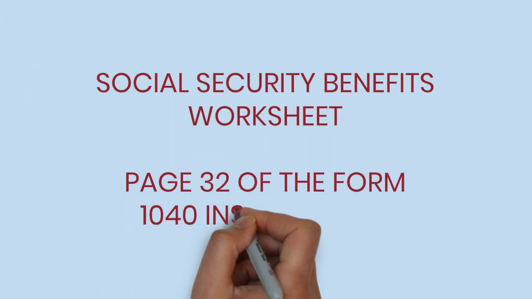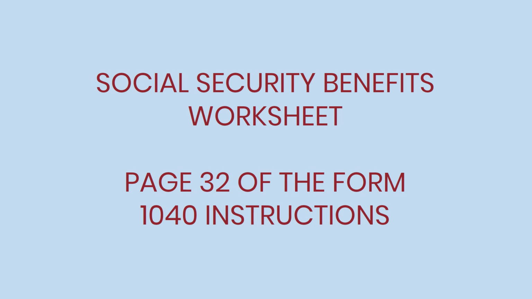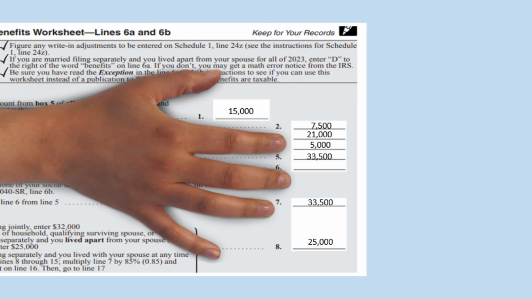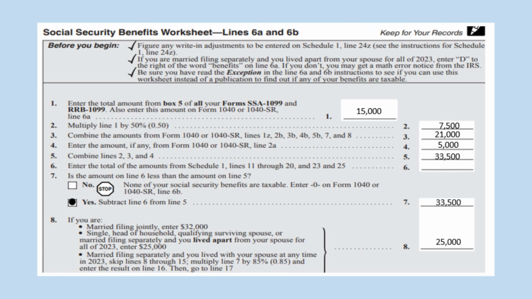To determine the taxable portion, we need to complete the Social Security Benefits Worksheet found on page 32 of the Form 1040 instructions. On line 1, put the amount from box 5 of your Form SSA-1099. In our example, it is $15,000. Multiply this by 50% to arrive at $7,500 on line 2.